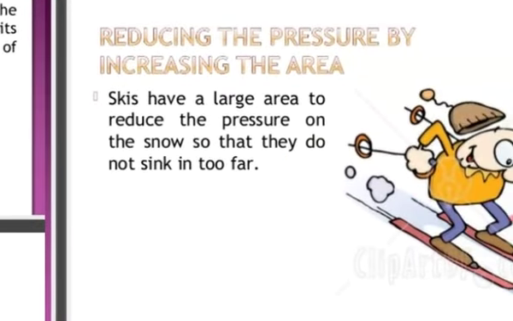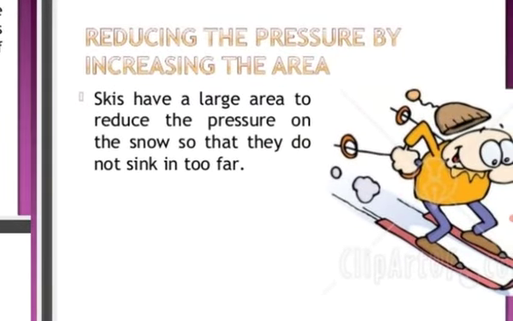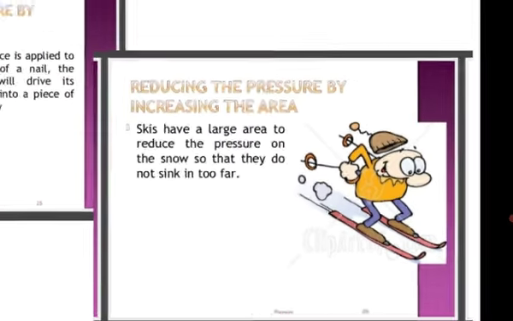Second example, you can see that skis have a large area to reduce the pressure on the snow so that they do not sink in too far and they can easily slide over the ice.